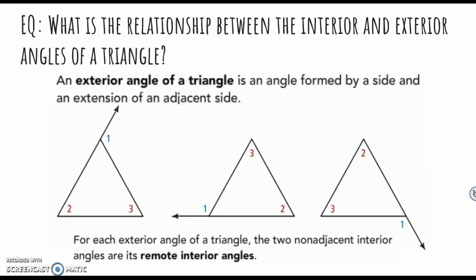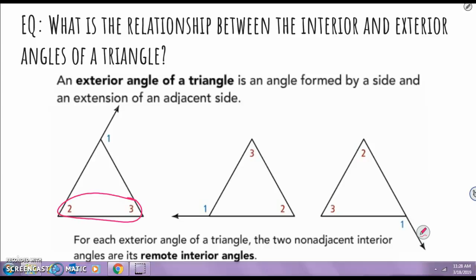So when we're looking at this, the two non-adjacent interior angles to our exterior angle would be angles 2 and 3. The sum of the measures of angles 2 and 3 equals the measure of the exterior angle, which is angle 1.